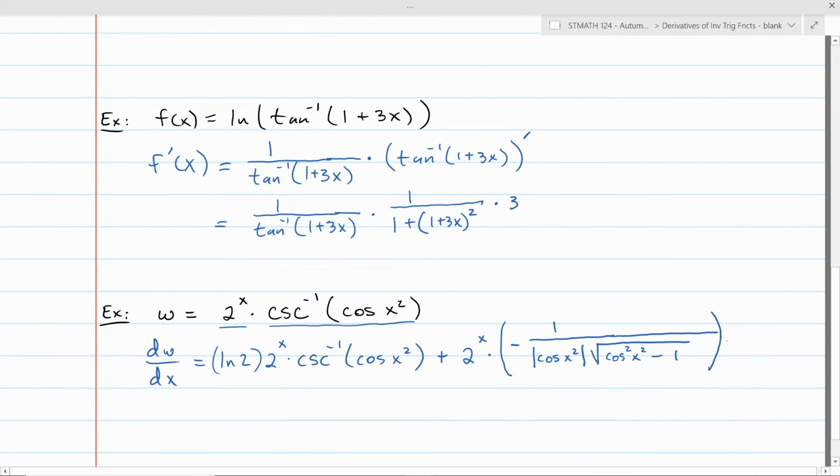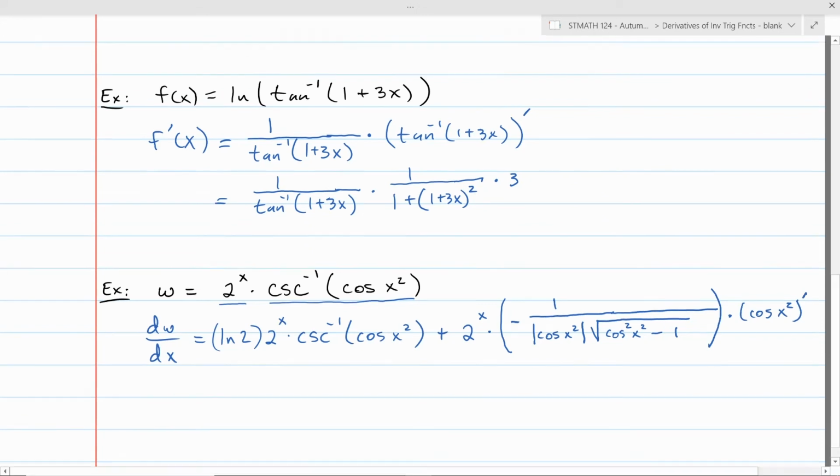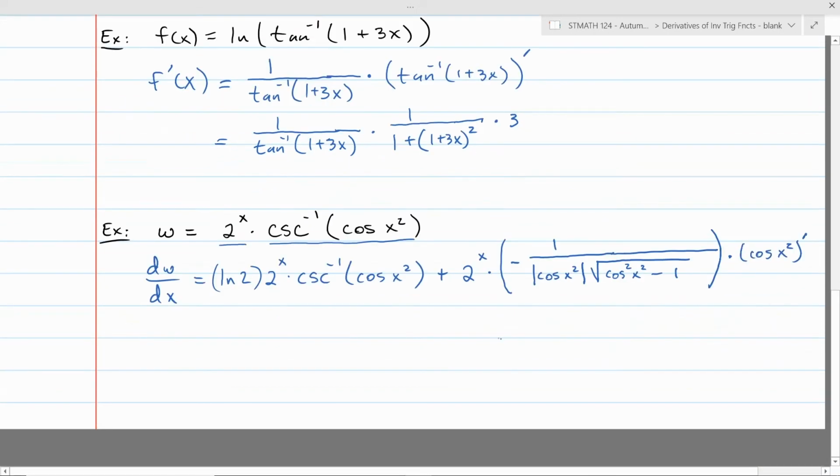Then I have to multiply times the derivative of cosine of x squared because our cosecant inverse function had an inside function itself, so we have to multiply times the derivative of that. Rather than having to copy everything down again, let me just go down here and say, well, cosine of x squared prime is equal to, well, you differentiate that outside function, you get negative sine of x squared, and then you got to multiply that times 2x, which is the derivative of its inside function.